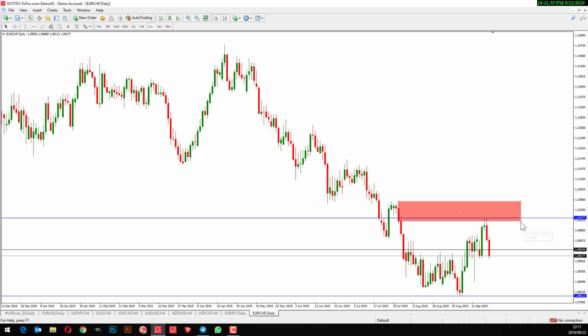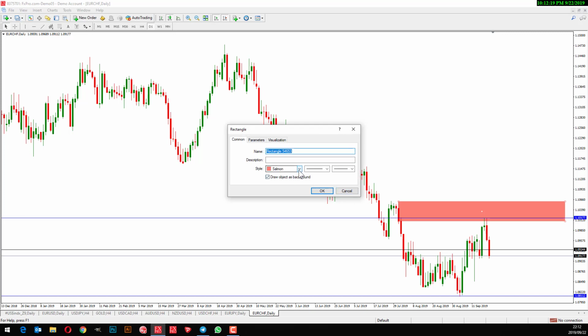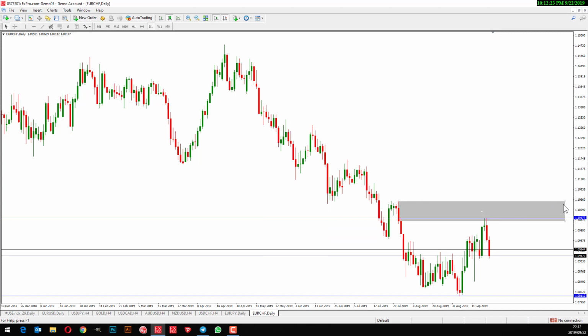Right, this is our supply zone. Now that's on a daily time frame. Remember, we trade on the H4 time frame, so always have a time frame higher than the one you are trading as the one with your levels that you are looking at. Now that we have highlighted the supply zone, let me just change the color quickly. I need a bit of a grayish here. Right, so that's our supply zone.